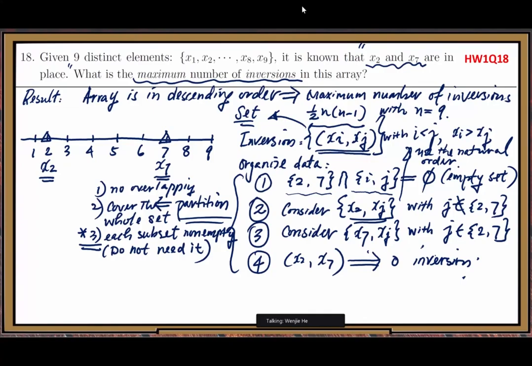So number 4 has 0 contribution to the counting number. What you need to do is find how many inversions in subset number 1, how many in subset number 2, and how many in subset number 3. Then you add up these 3 numbers. That's your answer.